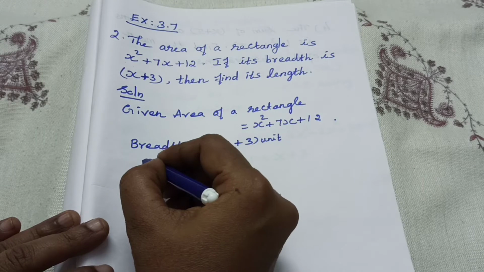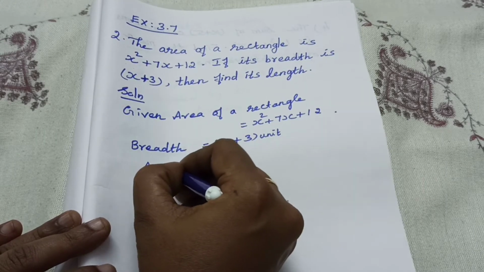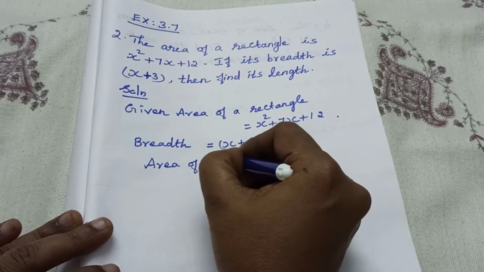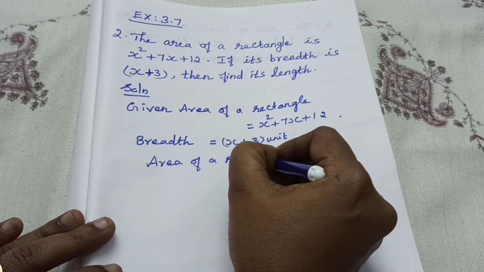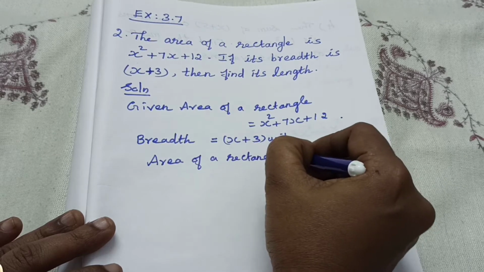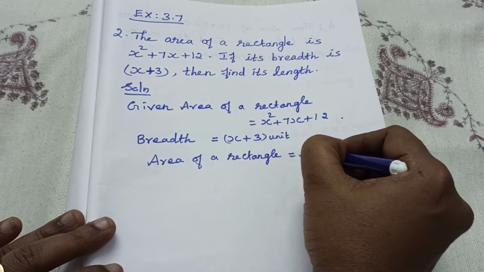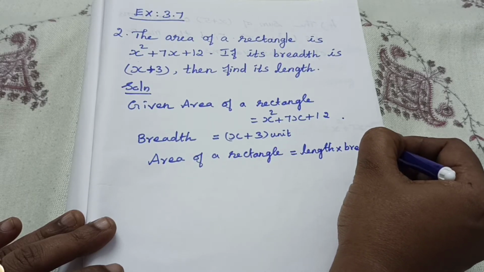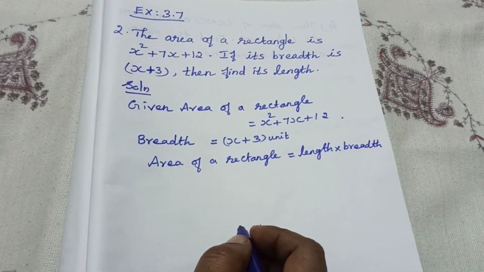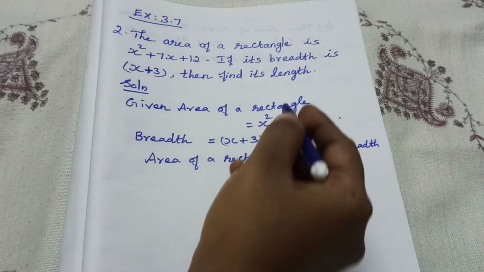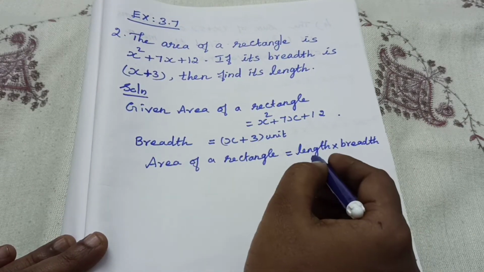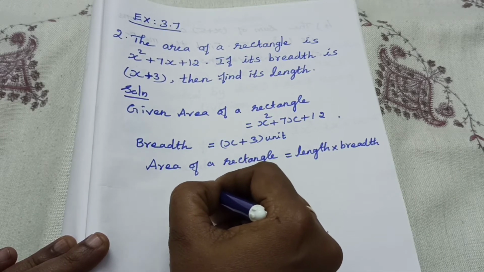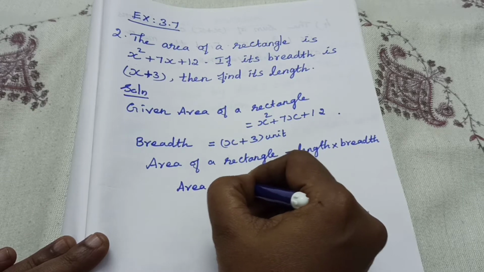Then area formula you know, isn't it? Area of a rectangle is equal to length into breadth, isn't it? But we need here length. Therefore length, how can we write?